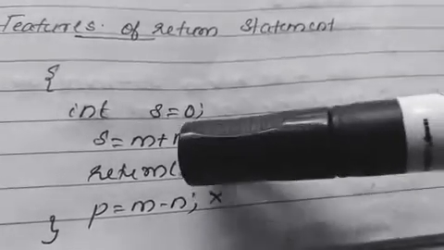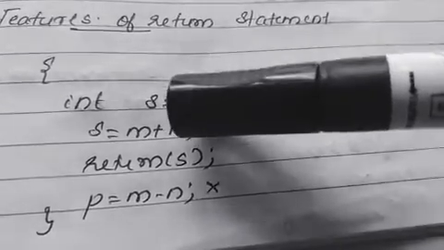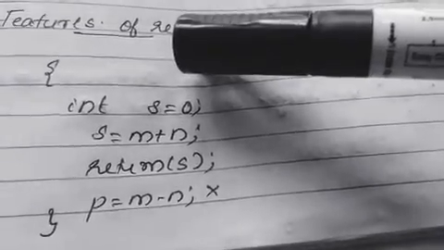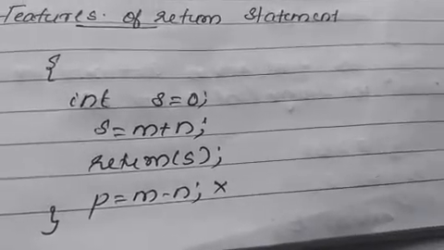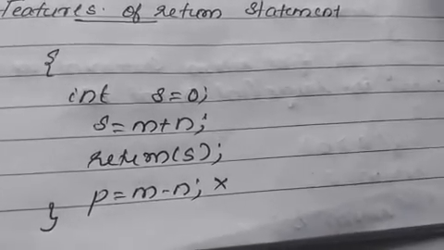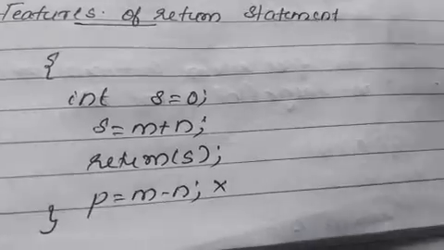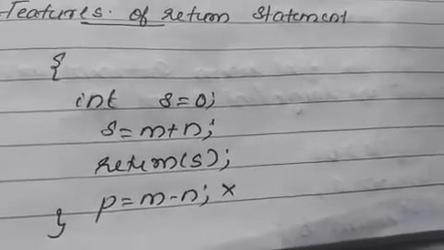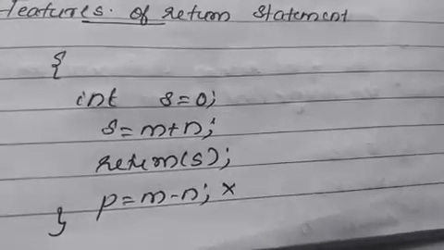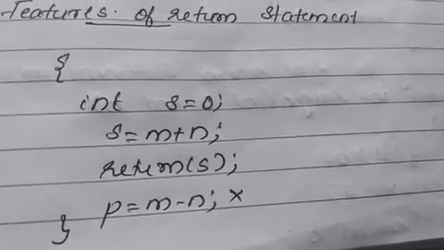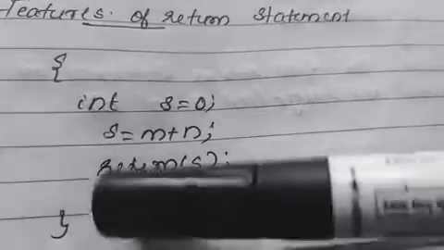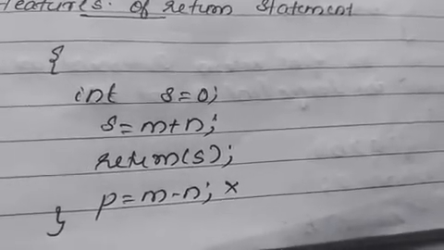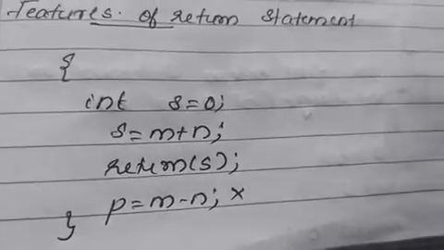When we return a value in the function using the return statement, whatever statements come after the return statement won't be considered. This is the very first feature of the return statement. So the statement p = m - n will not be considered in Java because it comes after the return statement.